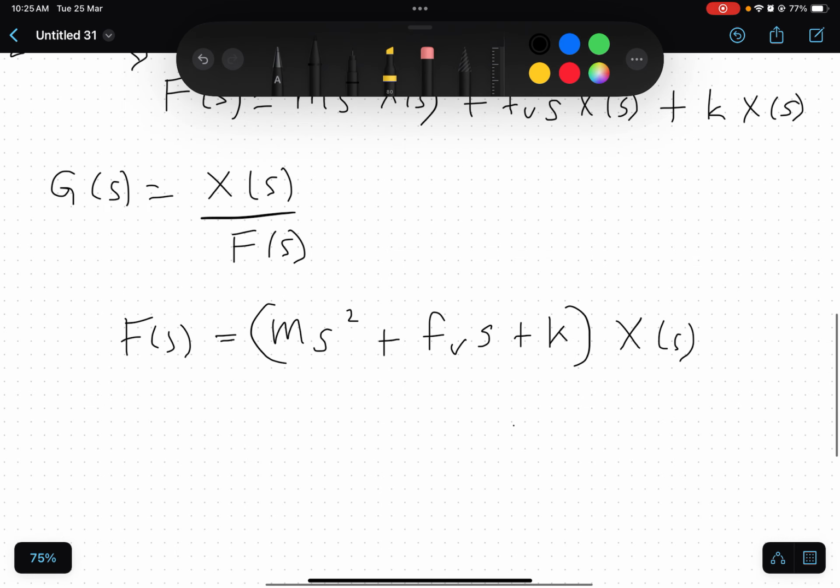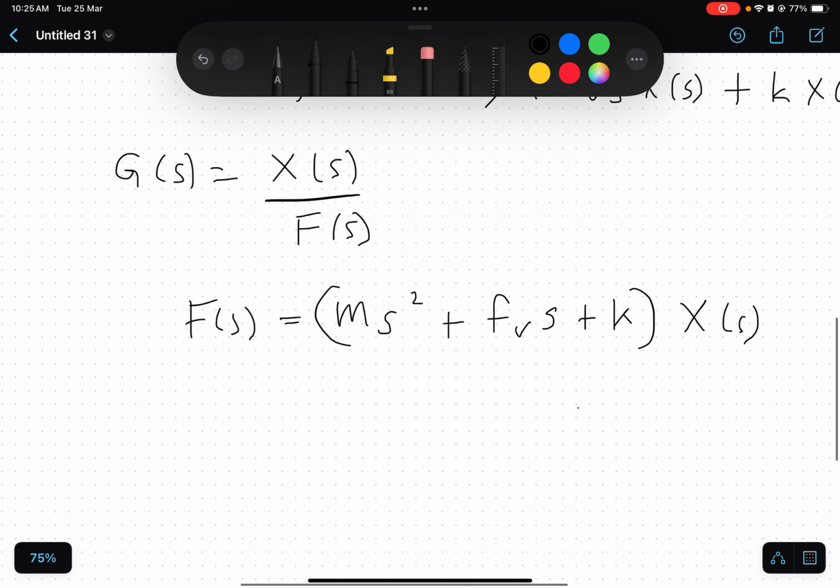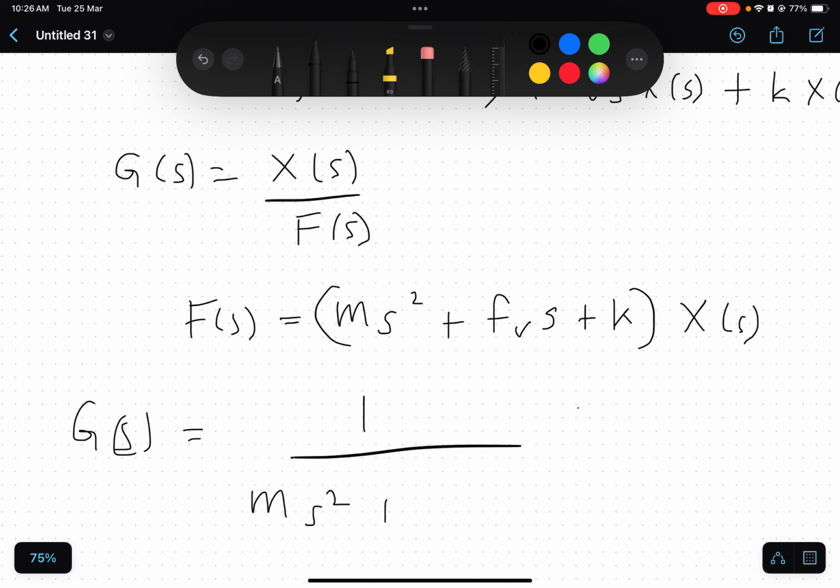To get X(s) over F(s), you bring down the ones in the bracket to the other side, so you'll get G(s) equals 1 over ms squared plus fvs plus k.